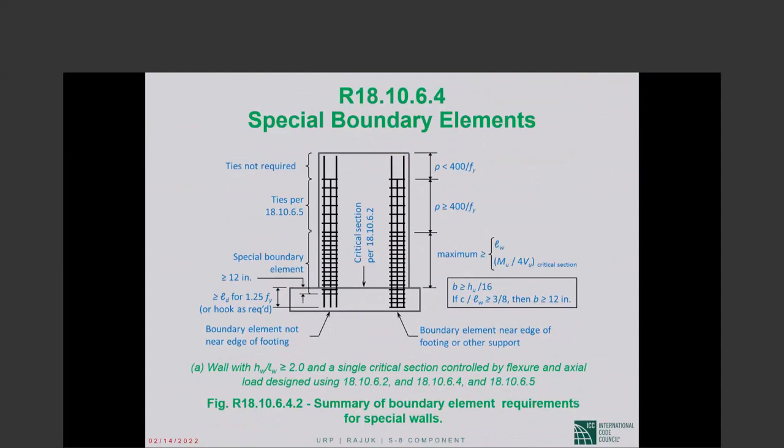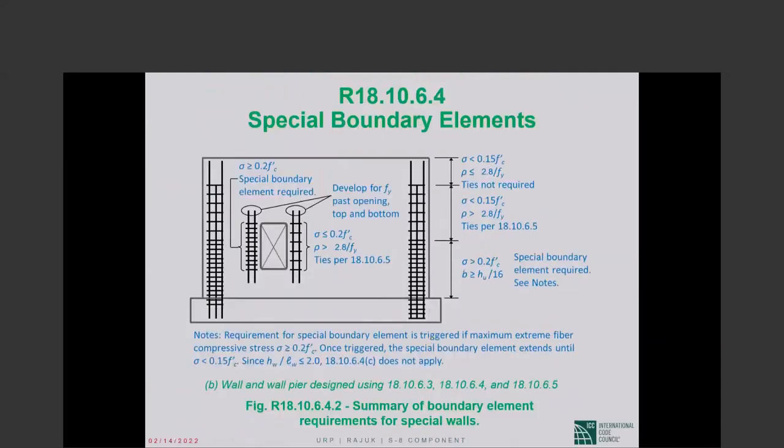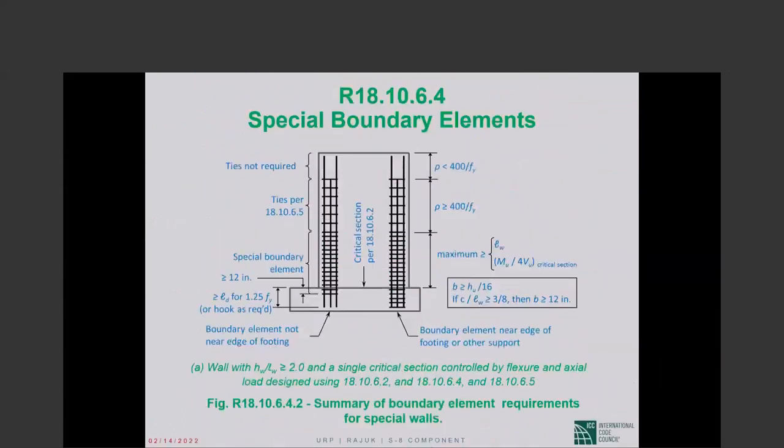Okay, then ACI 318-14 has added two figures which I think are very useful. The difference between the two figures is here we have used the displacement-based approach. In the other figure, we have used the conventional approach. That does not make any difference.